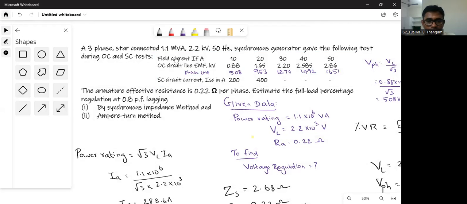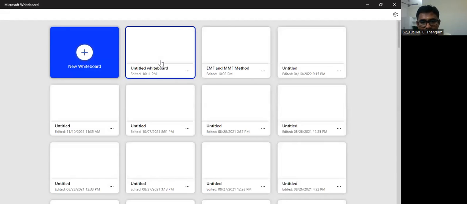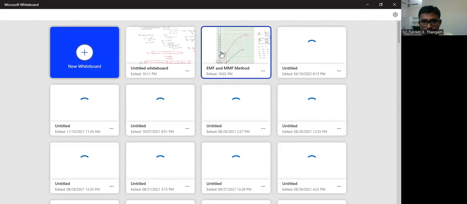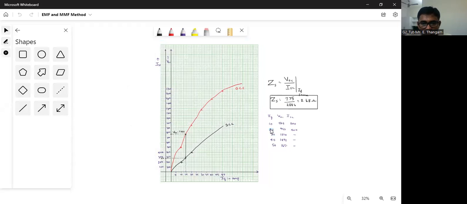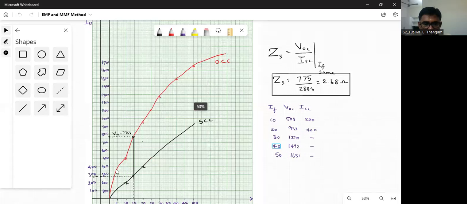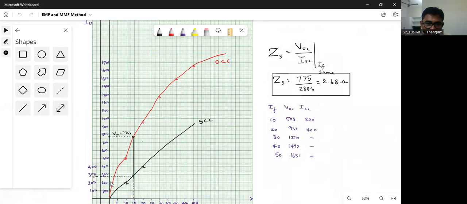So we have drawn the graph. We have plotted the OCC characteristics and short circuit characteristics. This is the graph we obtained for this problem. IF versus VOC gives the OCC characteristics, and IF versus ISC gives the SCC characteristics.